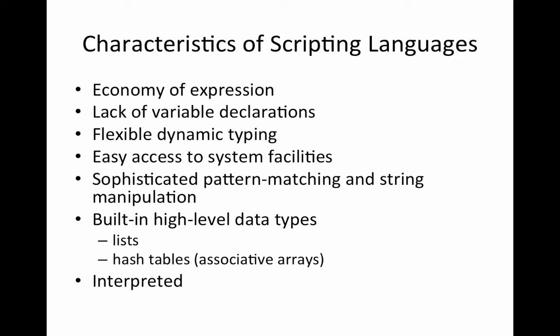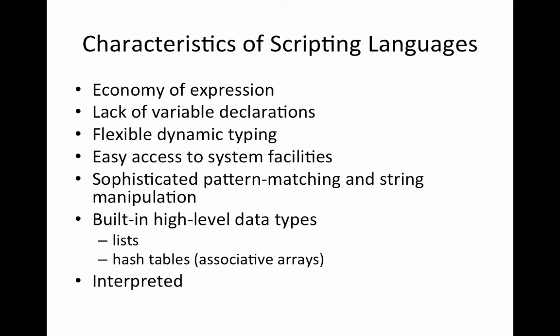Does anyone know why C and C++ do not provide very good string manipulation? There's a very good reason why they don't provide it. Doesn't have to do with the way they're stored. Good try, though. It's because they were designed originally to create operating systems. Ken Thompson designed C to create operating systems.